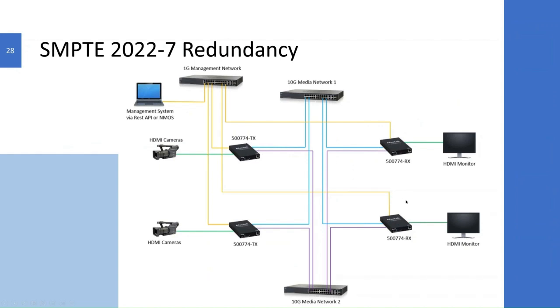The way this system works is that it detects the packets that are flowing on each one of the networks. If a packet is lost in one of the particular streams, it's picked up from the other one. The whole idea is that, at the end of the day, we can provide the output device a complete stream that has no lost packets. So this 2022-7 is very important.